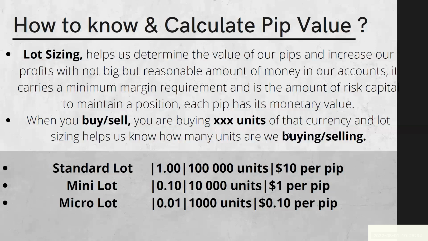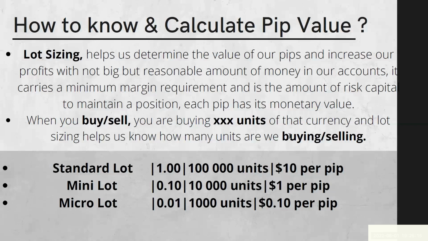And then it's the same thing when it comes to a mini lot. Going back to that example I made, if we buy Euro USD and it goes up or down by 10 pips, whether it's a profit or a loss, it simply means that we are buying 10,000 units of euros.